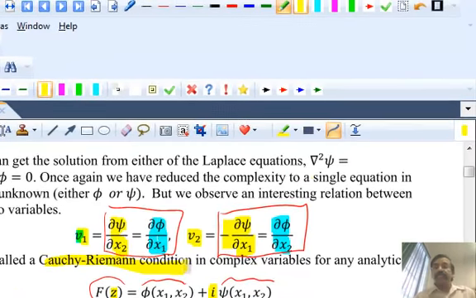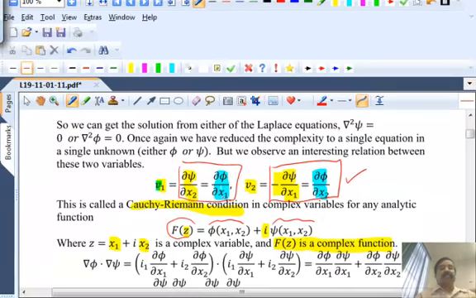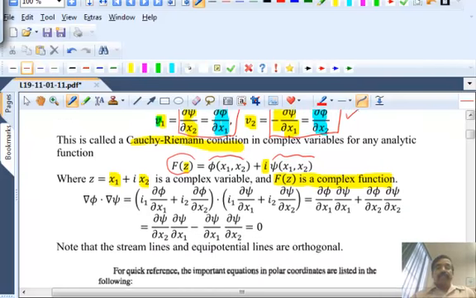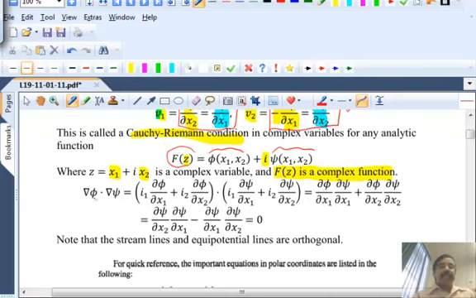Then these two conditions must always be satisfied. If you take the real part derivative with respect to x2, you should get the same thing as the phi with respect to x1. Or if you take psi with respect to x1, it should be minus of phi with respect to x2. And the other thing that we can show is that del phi dot del psi, the gradient of phi dot gradient of psi, will always be 0.